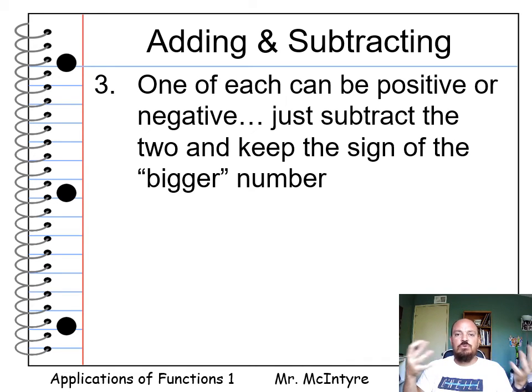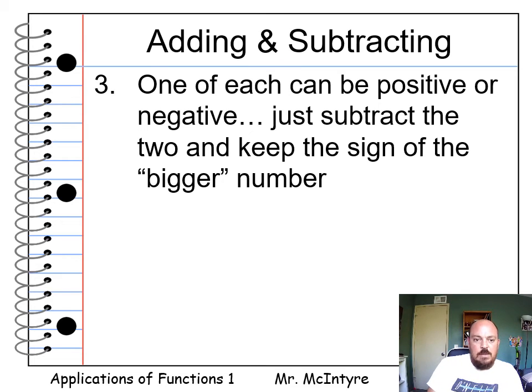It means of the two numbers themselves, the number part, which one is bigger. And the other thing is you're going to subtract here. If you're adding one positive number and one negative number, to get the actual number part of the answer, you subtract those two.